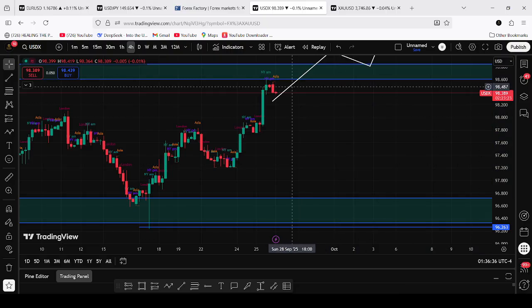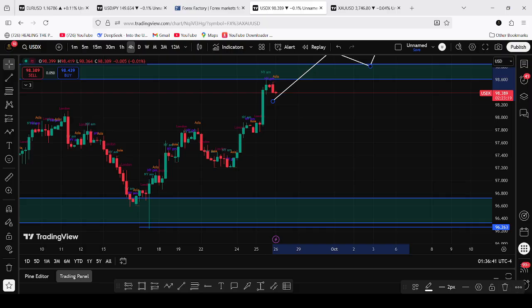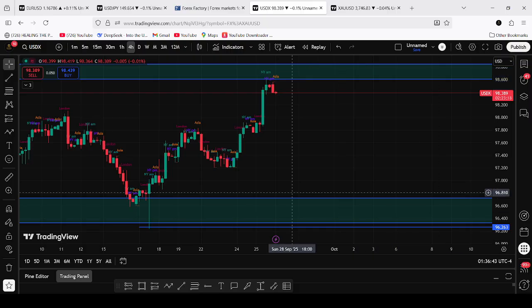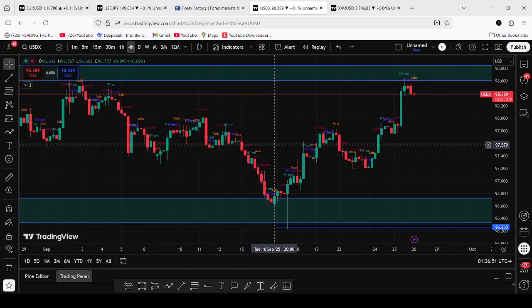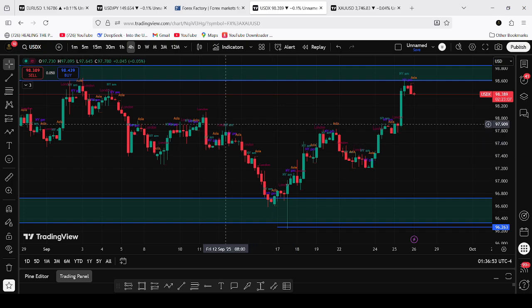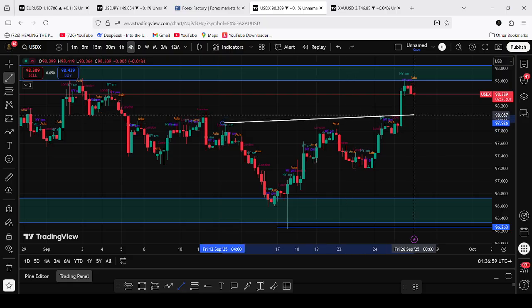Otherwise, we can look at it in the 4 hours time frame so that we can have a good analyzed market. At this point, we can mark this zone.